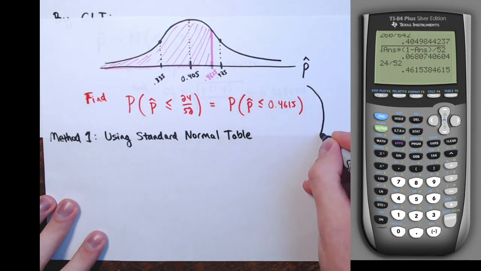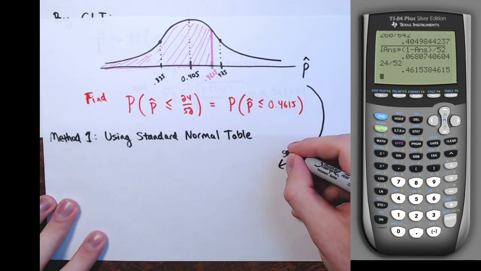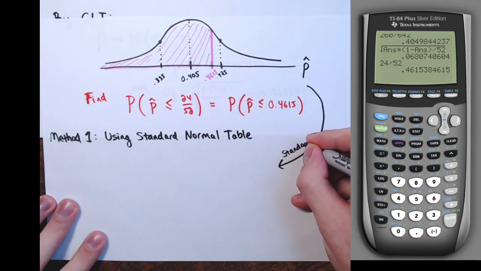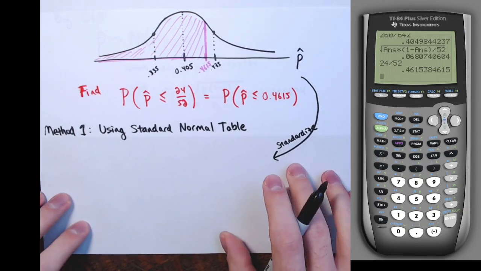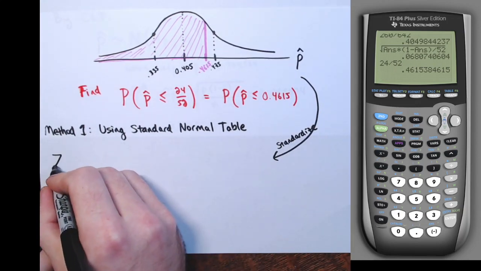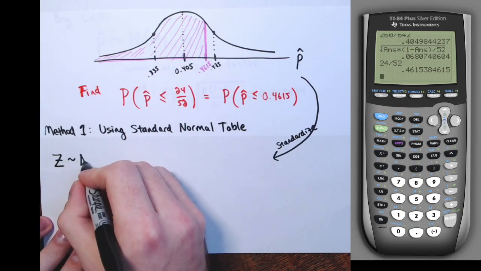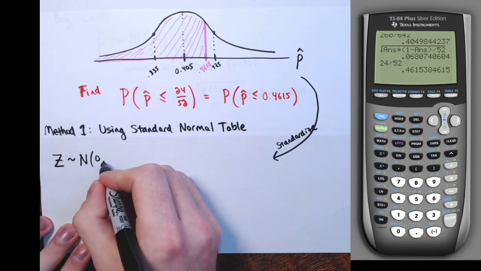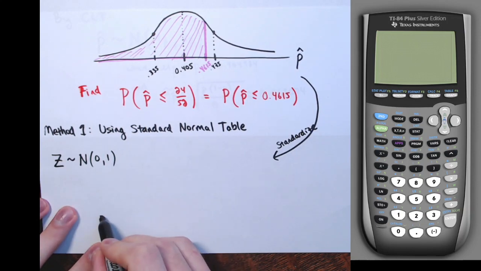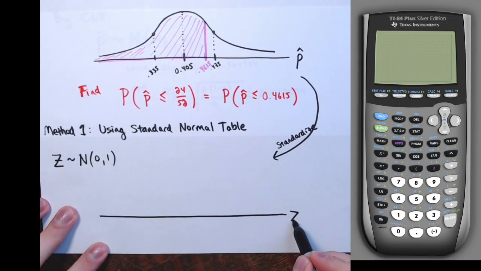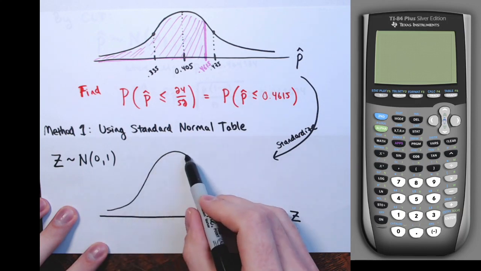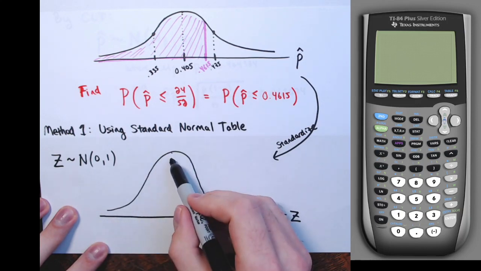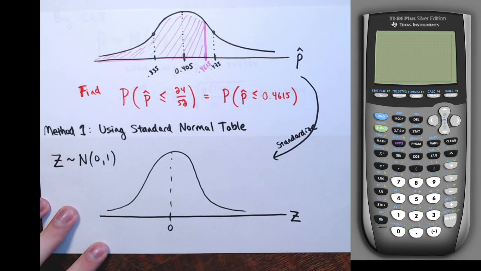So I need to take this and do what's called standardizing it. Remember, standardize is just finding z-scores. So I change this to the z distribution, right? The standard normal, which has a mean of 0 and a standard deviation of 1. And if I do that, you've got z-scores down here now instead of p hats. And again, a symmetrical bell-shaped curve where underneath the peak now is the number 0.